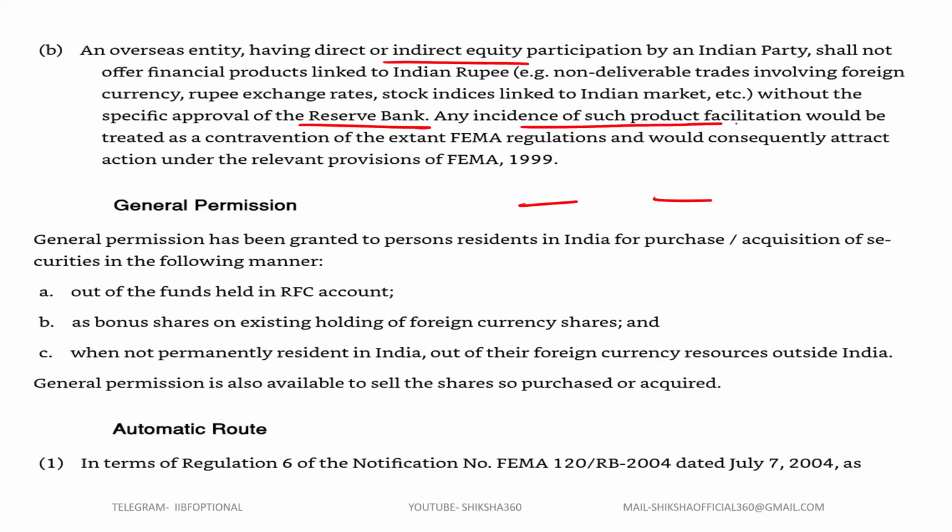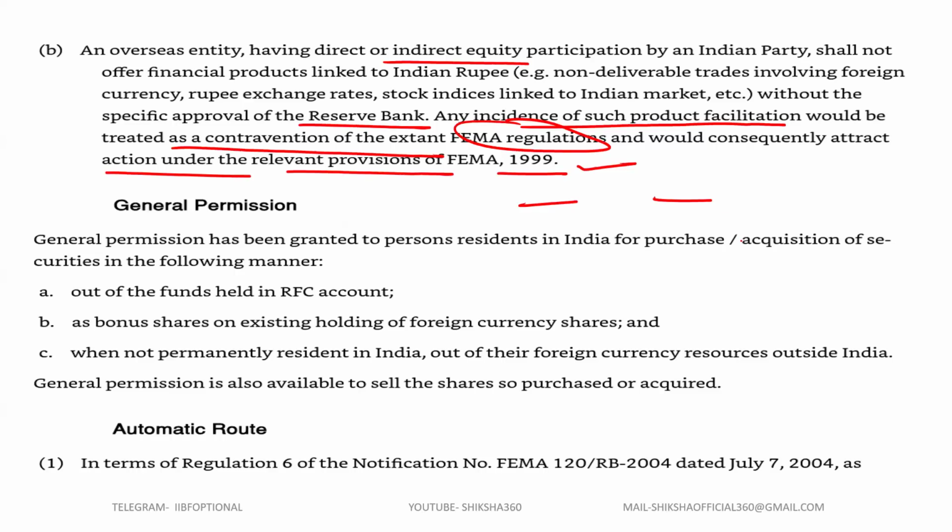Any incident of such product facilitation would be treated as a contravention of the FEMA regulations and would consequently attract action under the relevant provisions of FEMA 1999. So an overseas entity having direct or indirect equity participation by an Indian party shall not offer financial products that are related to the Indian rupee.